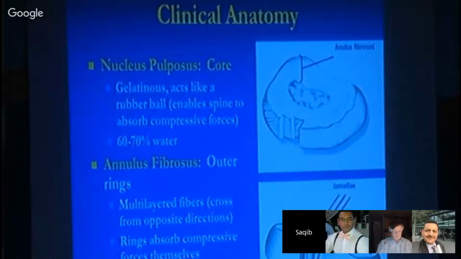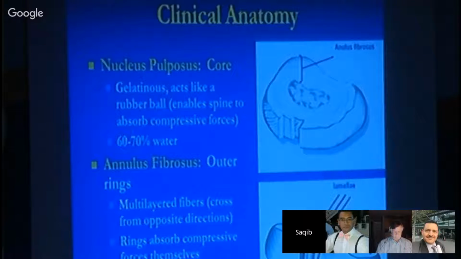This is the anatomy of the disc. You have the annulus fibrosus and the nucleus pulposus. So the nucleus is inside, is gelatinous matter that acts like a rubber ball, and is comprised of 60–70% water in young people.